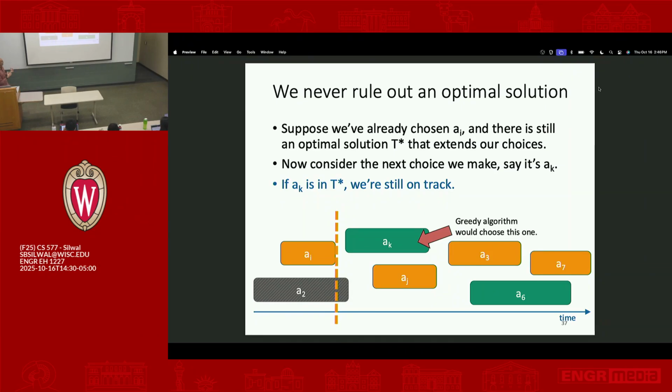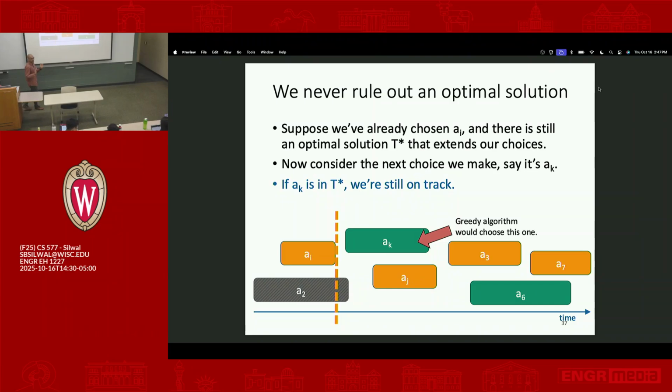So far, up to this point, we're on track with some optimal schedule. But then we make a choice that maybe differs from the optimal schedule that we're following. And now we need some argument to show that, well, that wasn't so bad, okay? Any idea what we should do?